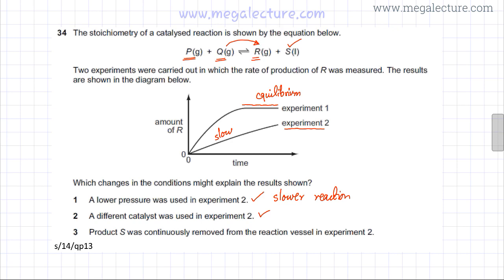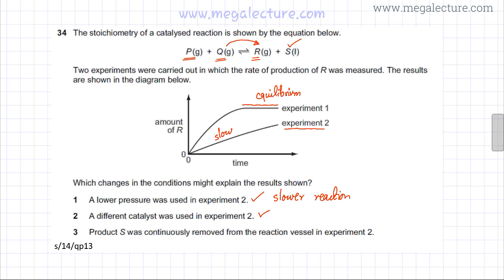S would have no effect on the rate of forward reaction or the amount of R being produced. Whether there's more S or less S, the amount of R produced per unit time would not be affected.